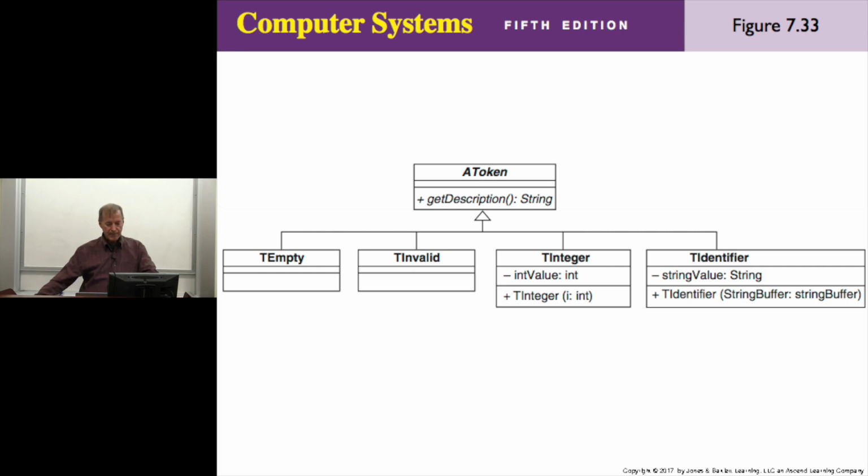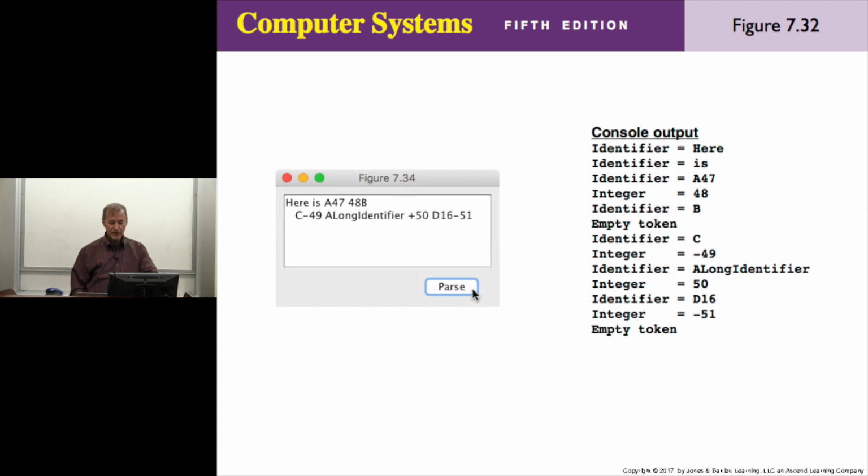In reviewing the lecture from yesterday, I think I misspoke just a little bit. You see this method called getDescription? What does it return? A capital S String, and that is a Java string. Let's go back to figure 7.32.